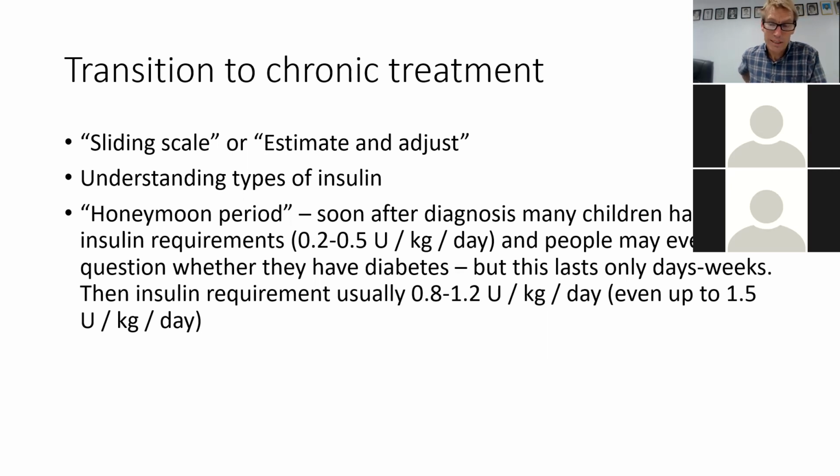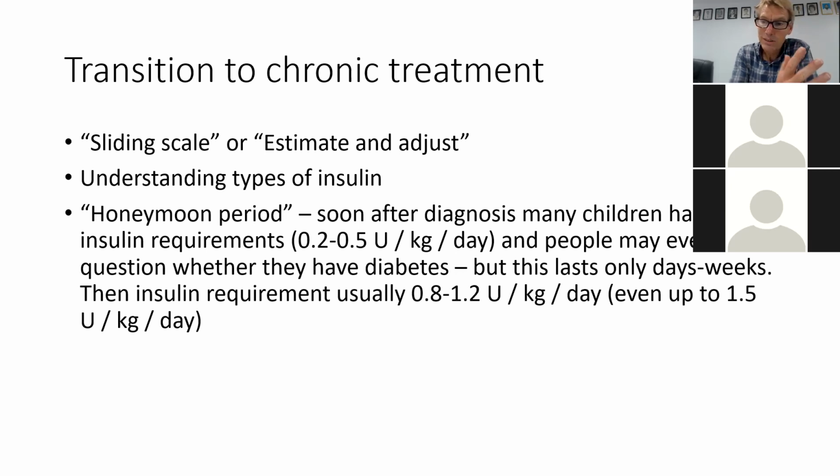Both ways are okay, and you can do combinations of both. In fact, we did that earlier this week, but probably a good way is to estimate what the child's insulin requirements will be, and then adjust based on that.